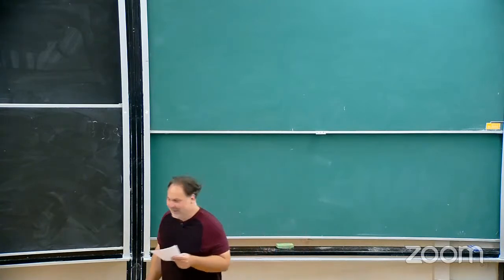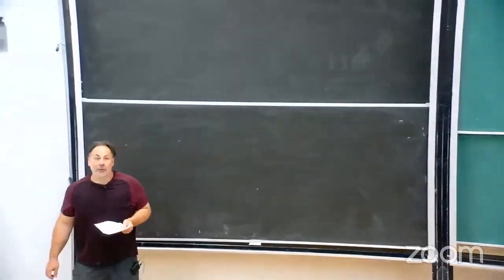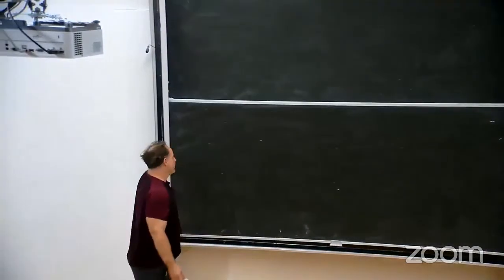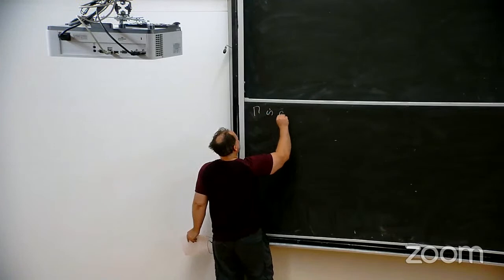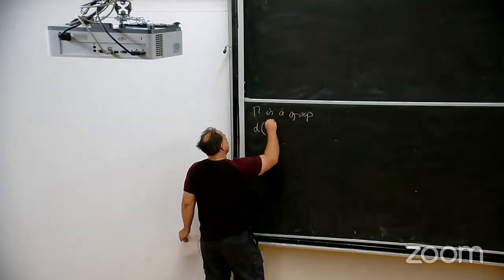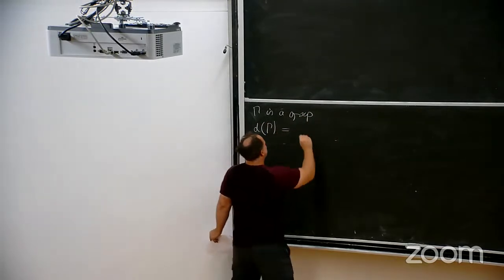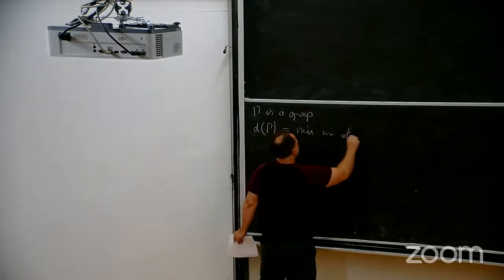So the object we are looking at is a group theoretical invariant called the rank, or minimal number of generators. Gamma is a group, a countable group, and d(Gamma) is the minimal number of generators.